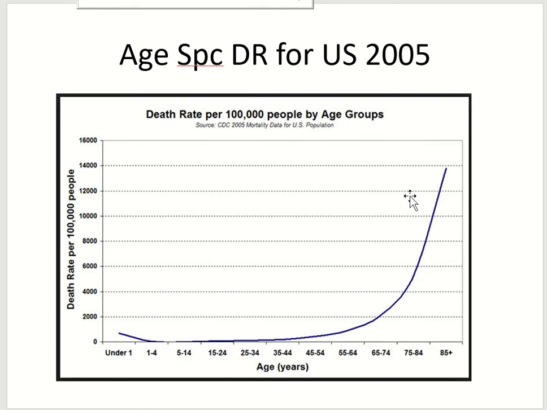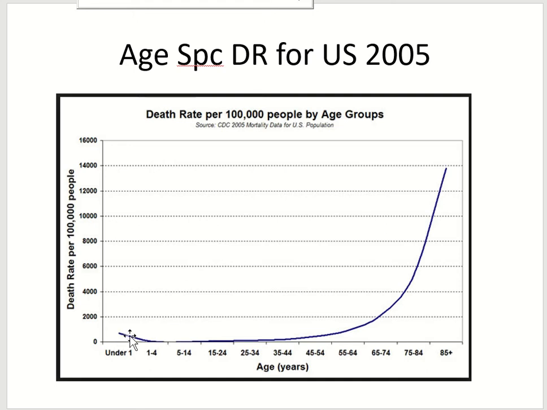The distribution we're seeing here is a typical distribution of age-specific death rate, the U-shape distribution. It starts a bit higher for those under the age of 1. So this age category, newborns I should say, are at high risk.